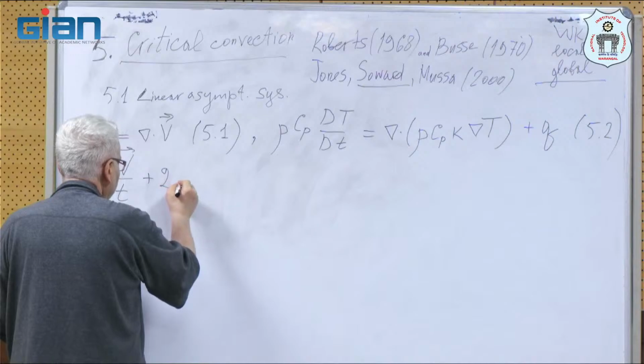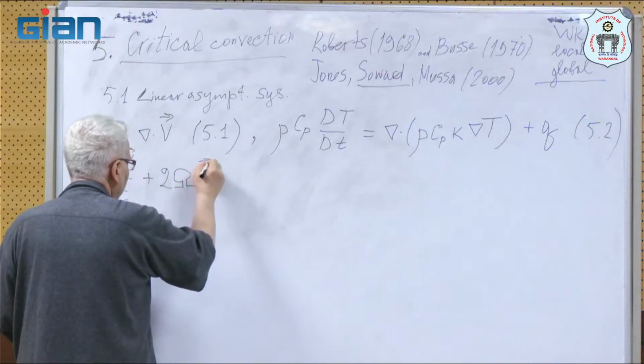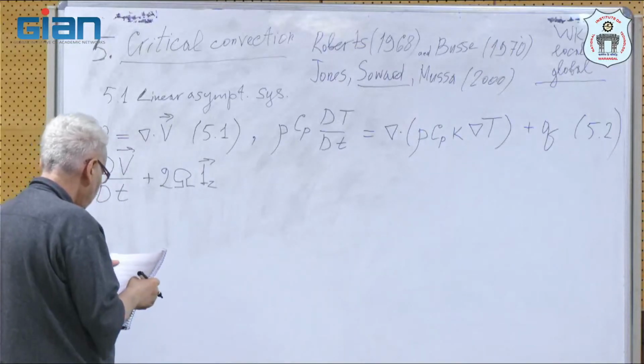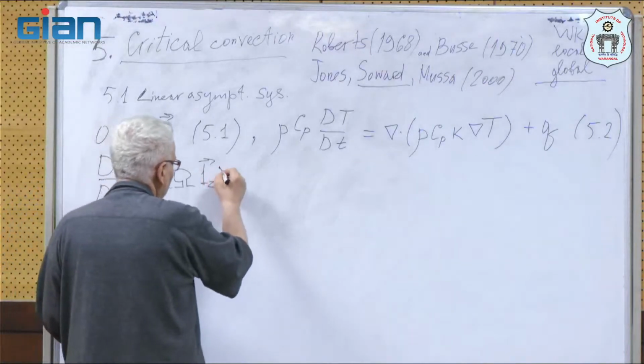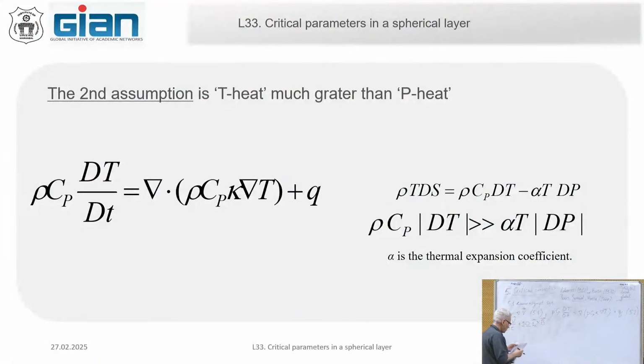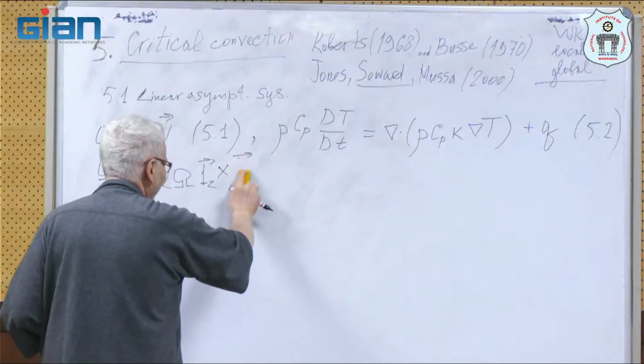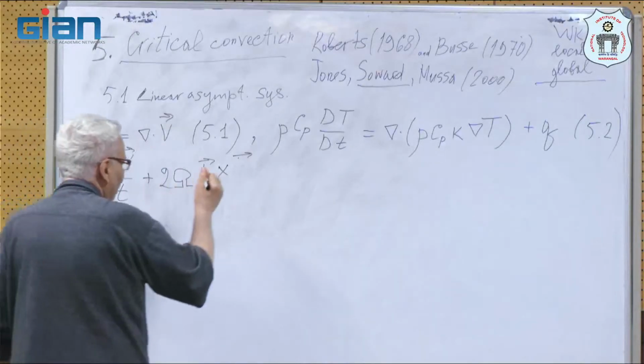There is a Coriolis term, of course. There is the unit vector in the direction of rotation, and it's multiplied by the cross vector product with the, oh sorry, I wrote the magnetic field. Sorry, of course, velocity.